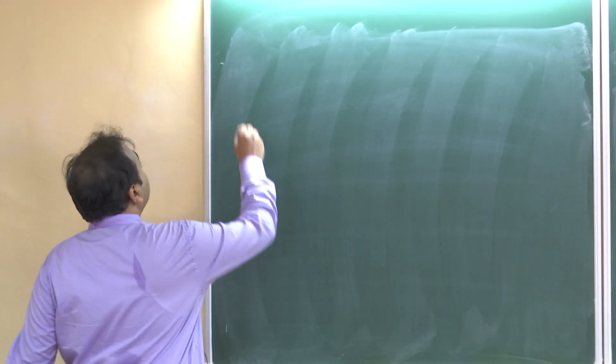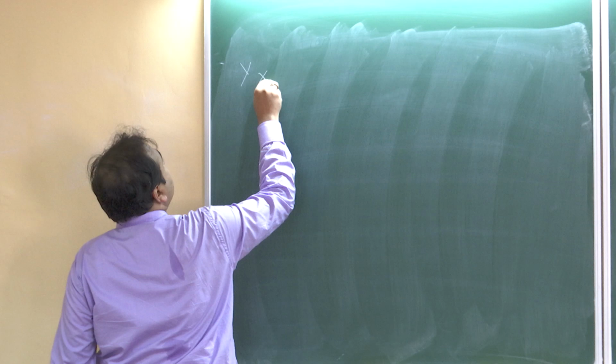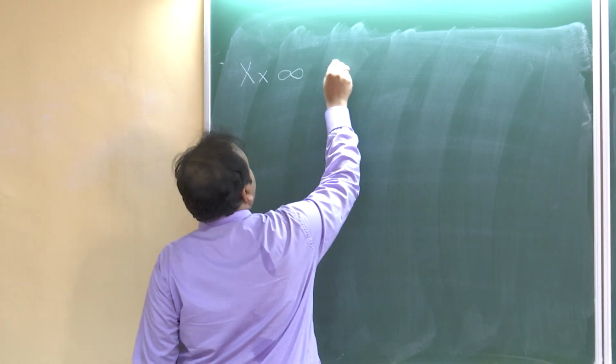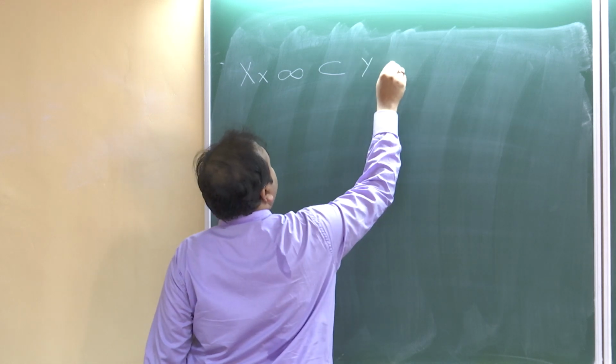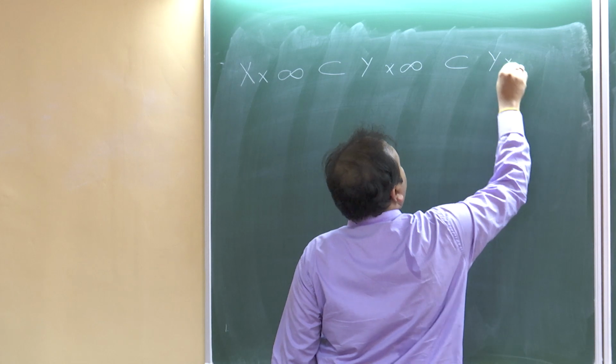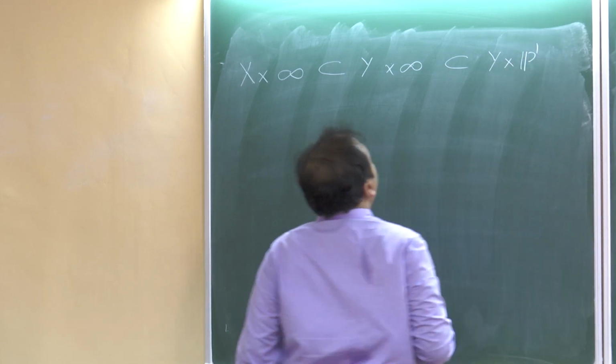The thing is that X cross infinity sits inside Y cross infinity, which sits inside Y cross P1.